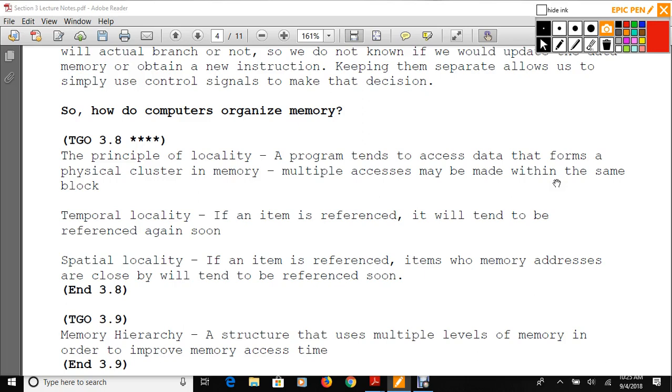That's what's known as spatial locality. So temporal locality: I ask, and I'm probably going to ask you again very soon. Space: if I'm asking you, odds are good I'm going to be asking for those nearby. Memory acts in very much the same way. So spatial locality is formally defined as: if an item is referenced, items whose memory addresses are close by will tend to be referenced soon.